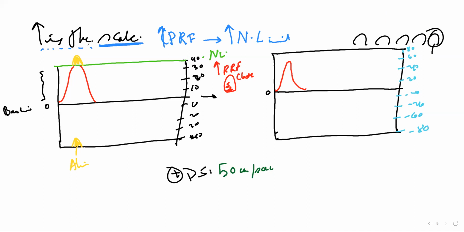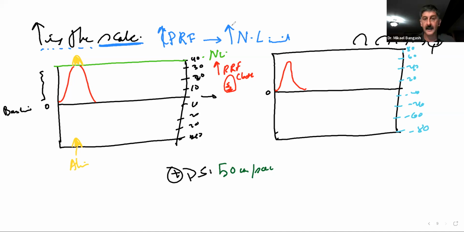Yeah. So we can say this thing has an advantage and a disadvantage. The advantage of increasing the scale is that we get rid of aliasing.